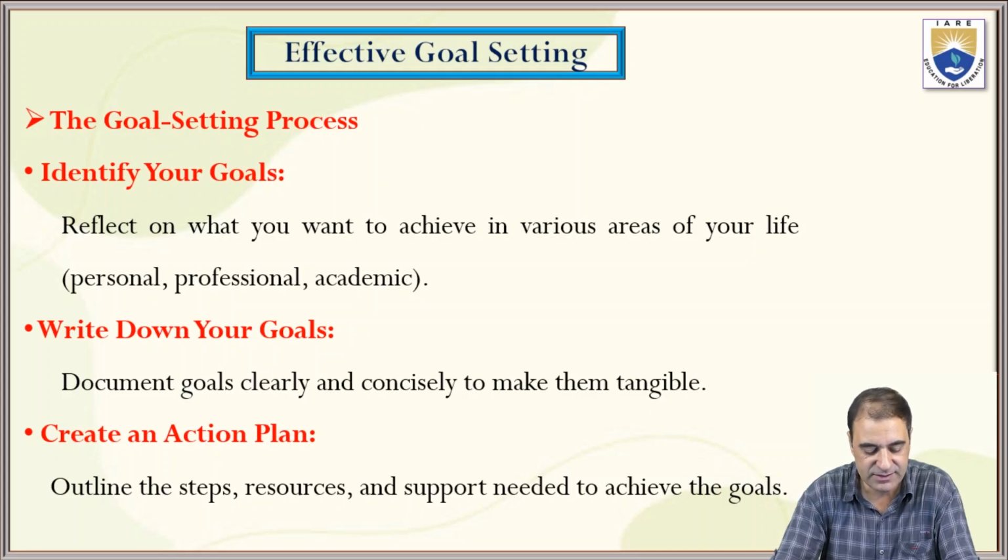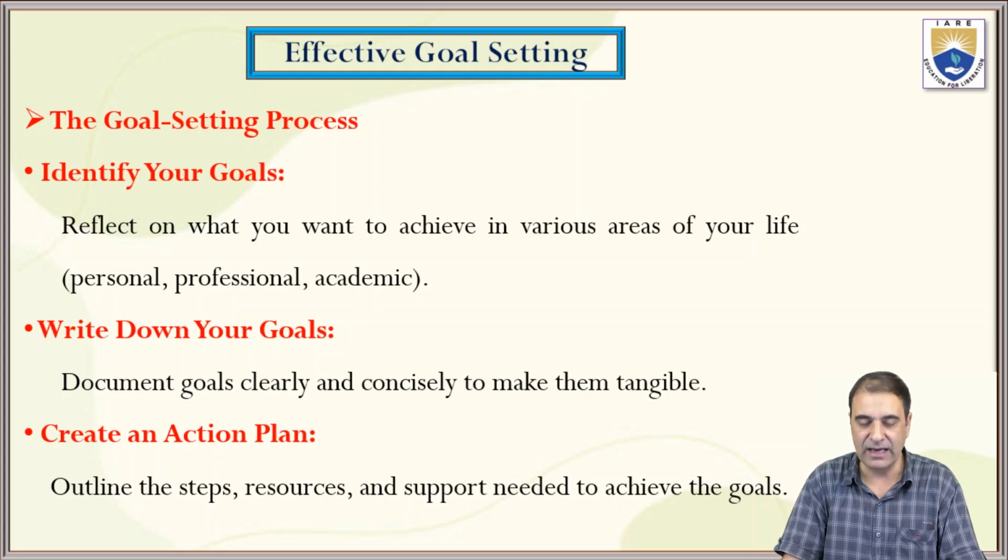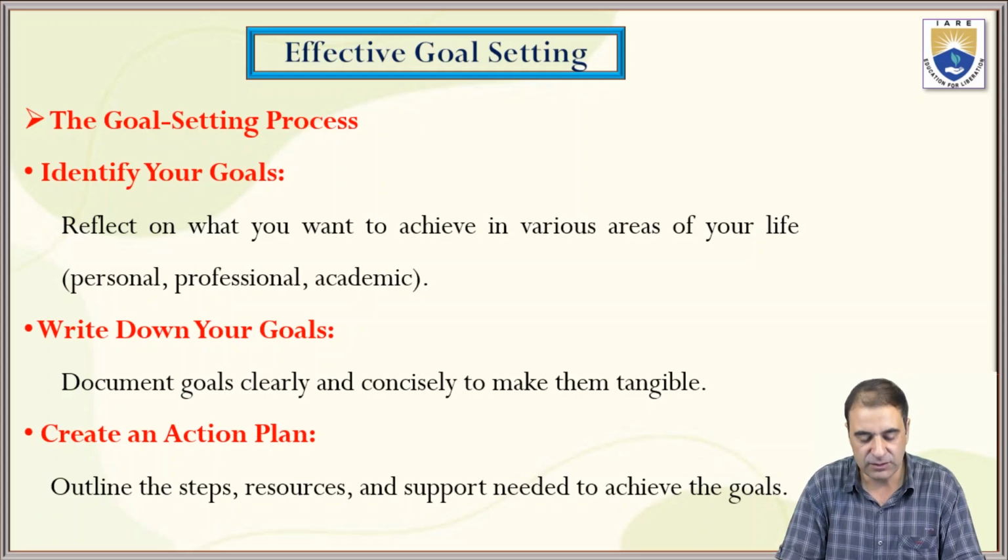And the next one is create an action plan. Outline steps, resources, and support needed to achieve the goals. That's the most important thing. First of all, you need to draft the different steps which you are going to adopt in order to achieve your goals.